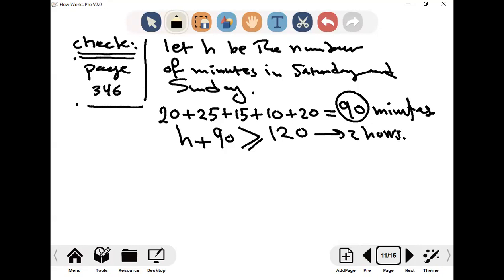Now let's find H. More than or equal to 120 minus 90. So H will be 30.